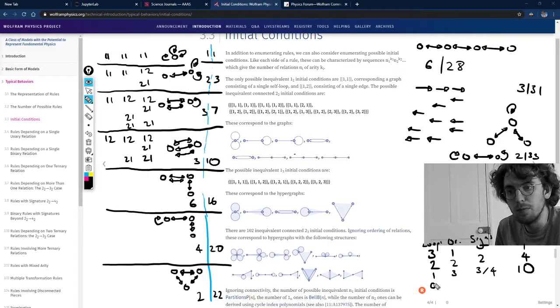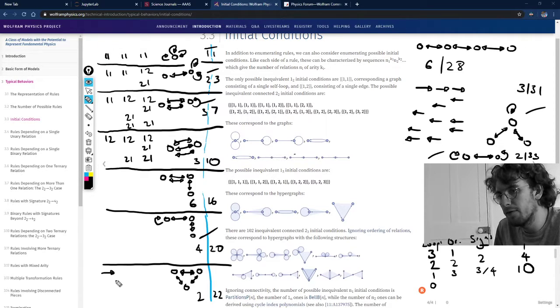Okay, then without loops, we've got a lot of options. So we've done loop, loop, loop, loop, loop, loop. I'm missing out on things here, because if I have all of them going in one direction, then I switch, so two of them go in one direction, one goes in the other direction.